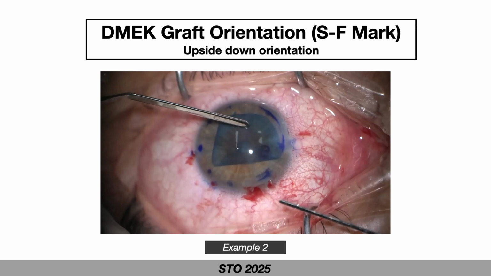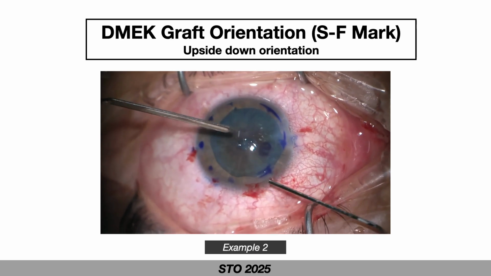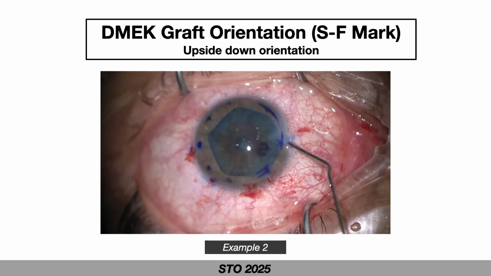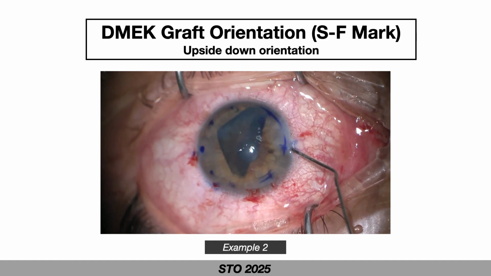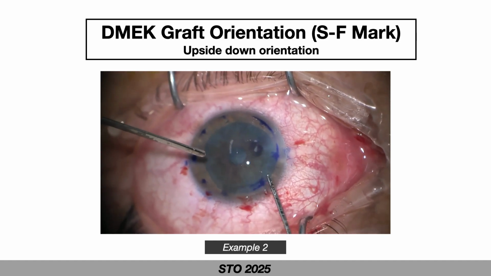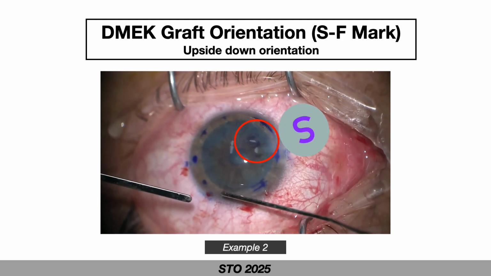Another example: during unfolding, you will notice that it is 2 and not S, so you have to flip the graft over by injecting fluid in the direction of the iris, and check again whether you can see the S mark or not.